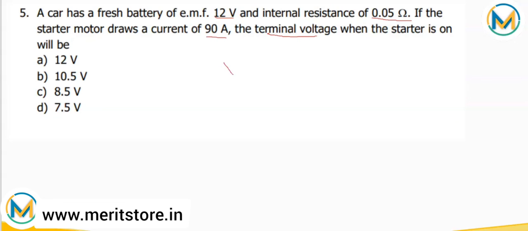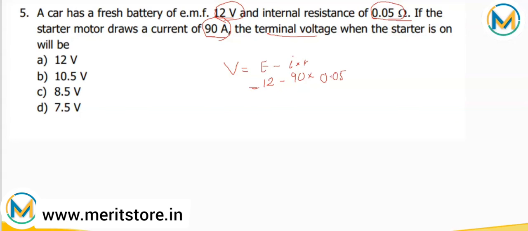The formula for the terminal voltage V equals E, that is EMF, minus I into R. So EMF given in the question is 12 volt minus I, given as 90 ampere, multiplied by the internal resistance, 0.05.